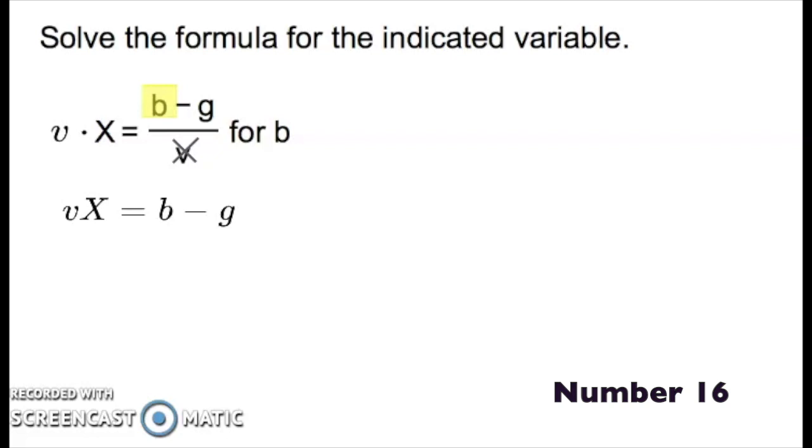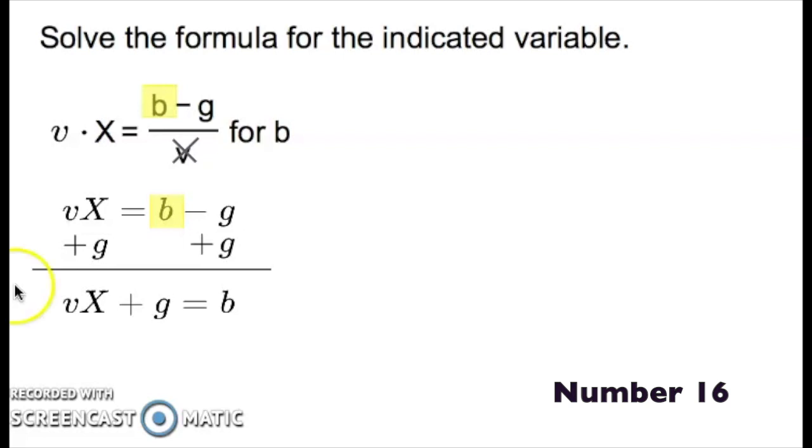So we'll have vx equals everything that's left over here after crossing the v out, which is b minus g. Again, we're still solving for b, so we got to move this g. It's being subtracted, so we add g on both sides. So then we'll have vx, capital X, remember, plus g equals b, and that's going to be the answer.